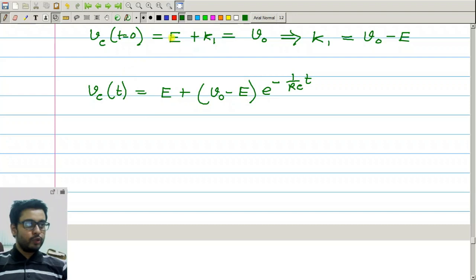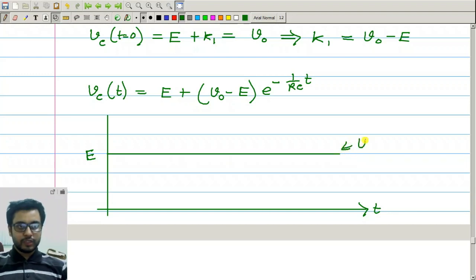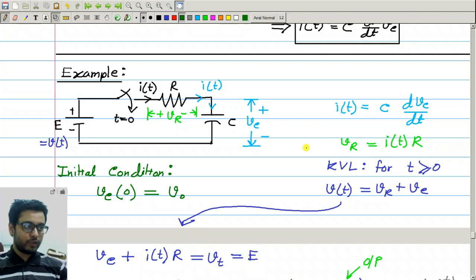Now we would like to plot this function against time, and say the input is constant E. So this is the input. Input is this voltage, constant, the supply voltage or battery voltage here, and this voltage is the output.